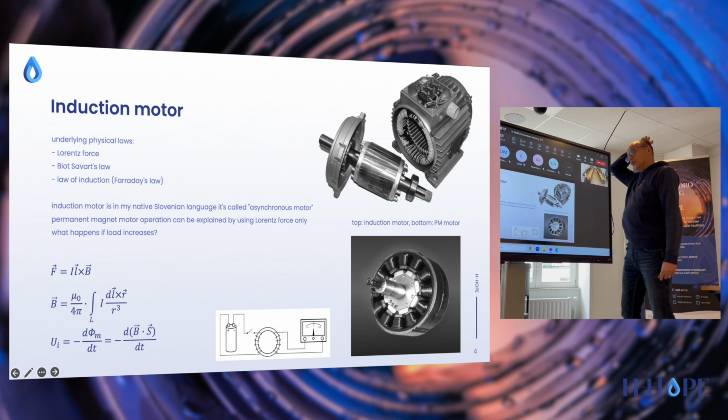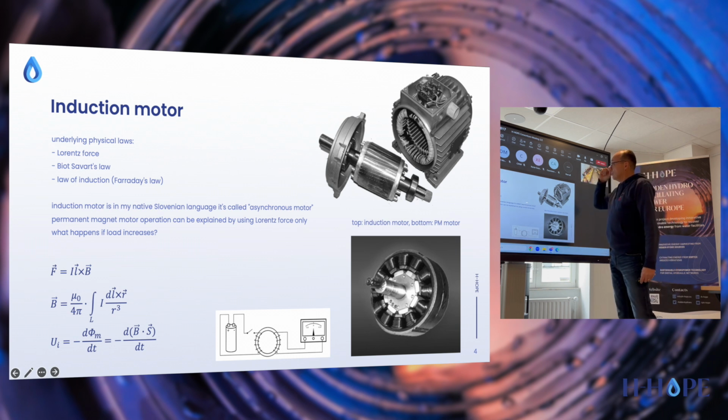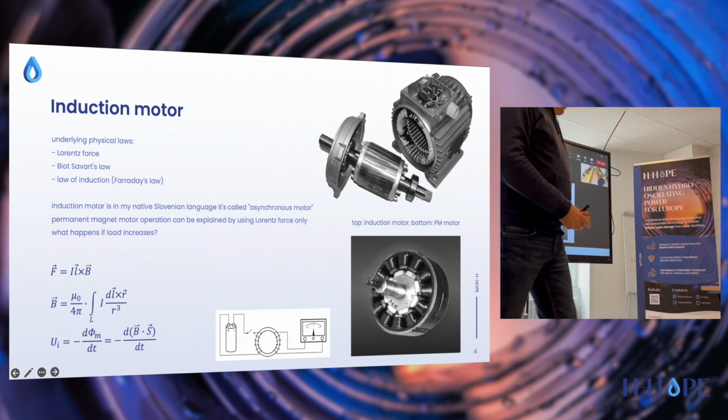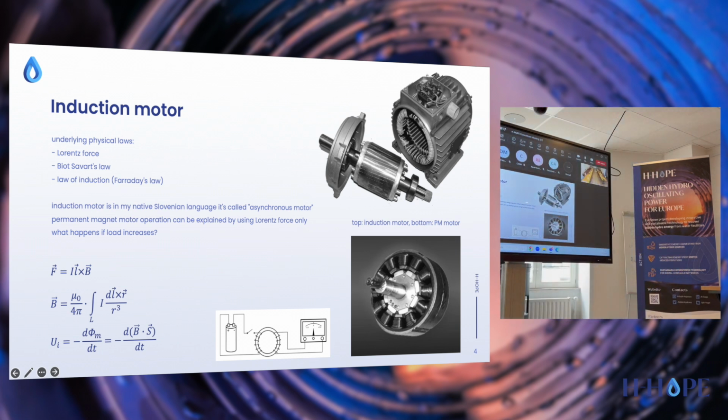And then you have two more laws which we need to explain how the induction motor works. So you need, in addition, the Biot-Savart law, which tells you that whenever you have a current flowing through a coil or wire with length L, you get a magnetic field around it.